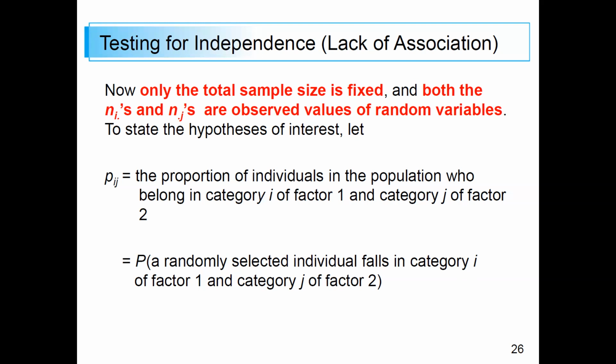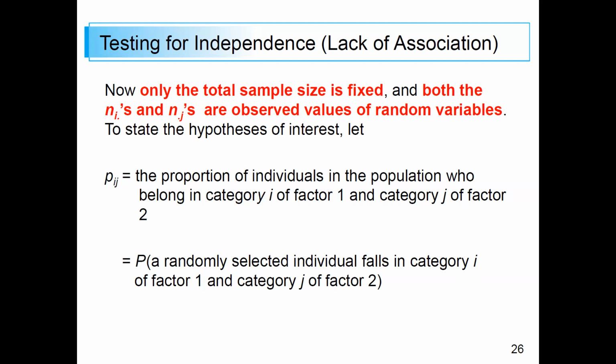For this test of independence, our interest is different from the previous case. What we care about in this case is whether the row factor and column factor seem to be unrelated to each other. In particular, are they independent of each other?